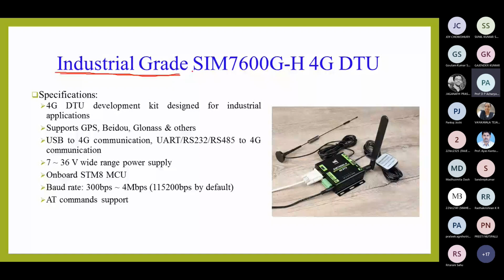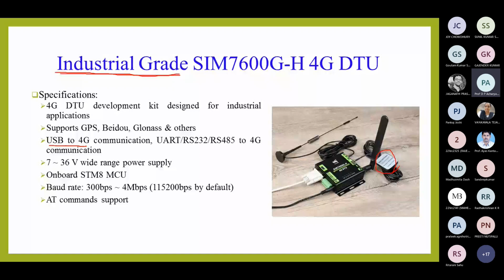H 4G DTU, a 4th generation digital terminal unit development kit designed for industrial applications. It will support GPS, so you can see this is your GPS antenna. There will be USB to 4G communication, then a 7 to 36 volt power supply.